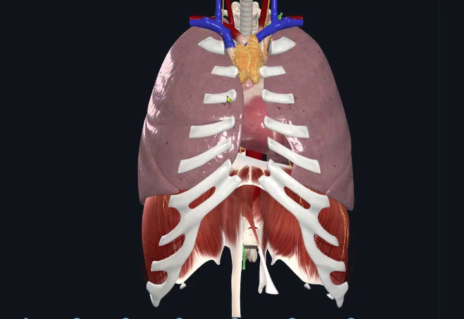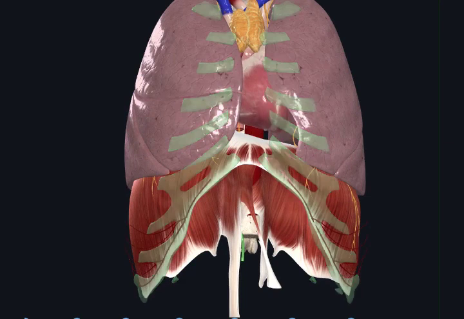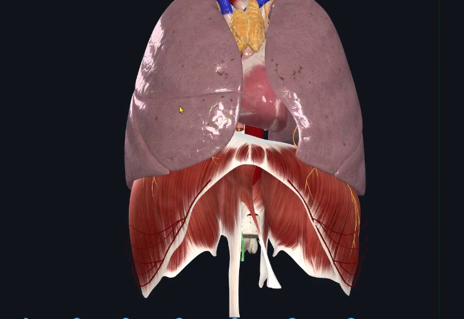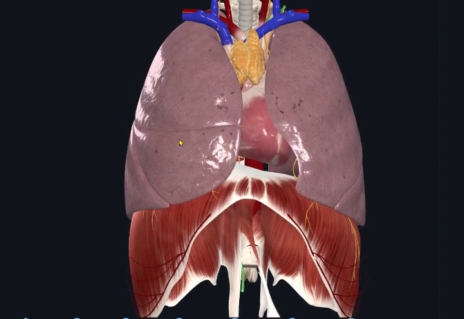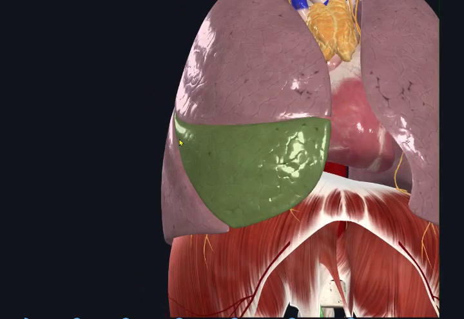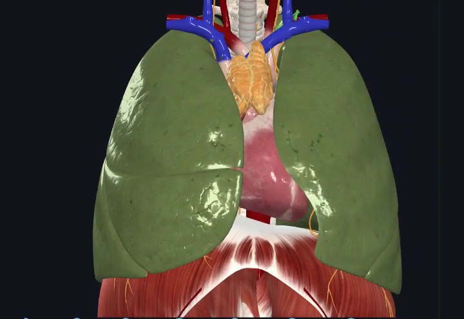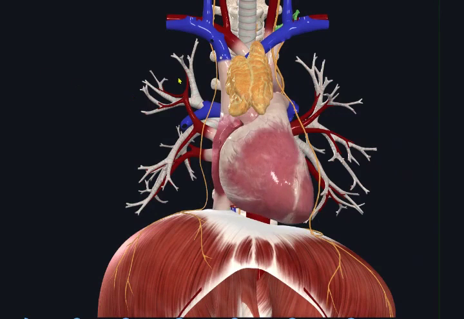And we will select the costal cartilages and hide them. And finally, we will select the lungs and hide them. Now we can see the contents of the mediastinum clearly.